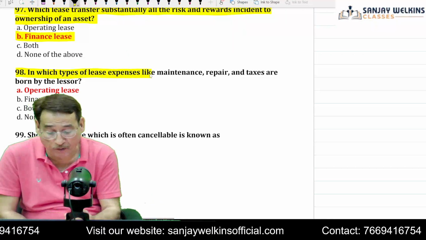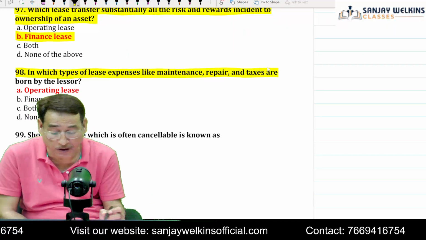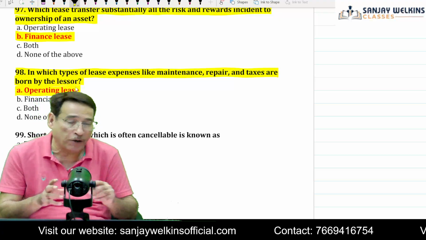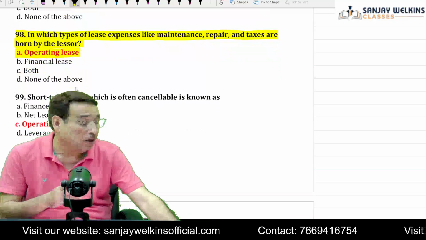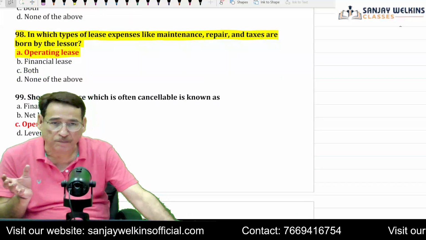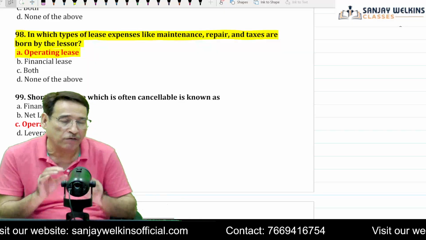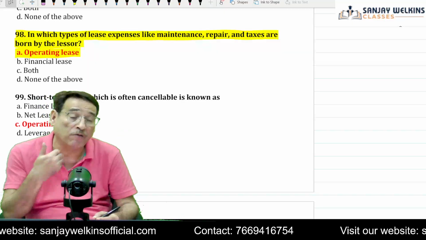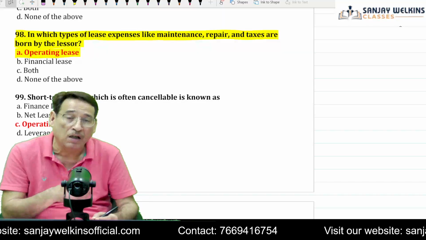In which type of lease are expenses like maintenance, repairs and taxes borne by the lessor? Operating lease. Because under operating lease, generally the title remains with the lessor. See, in case of finance lease, when we transfer the asset, the lessee is going to use the asset as if he himself is the owner, at least for the lease term.